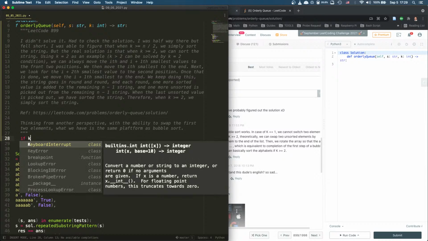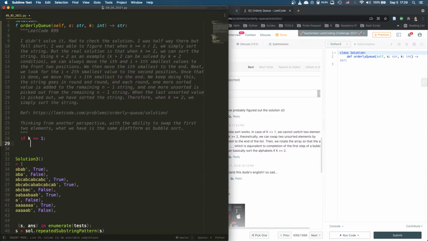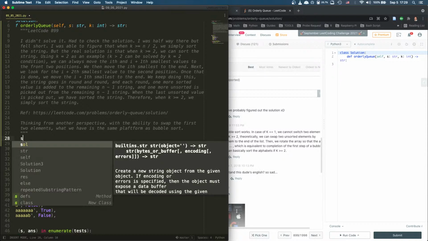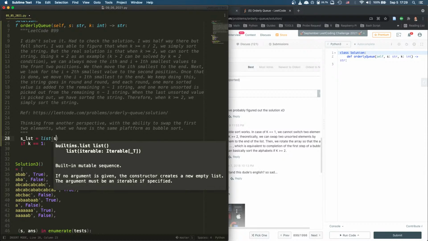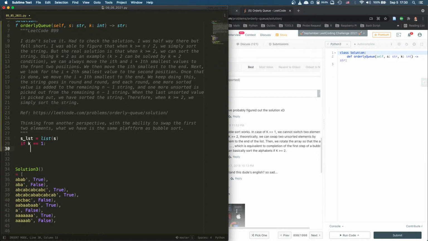All right, so if k is equal to 1, what do we do? We're going to say s list equals list s. If k is equal to 1, we have to go through every single construct.